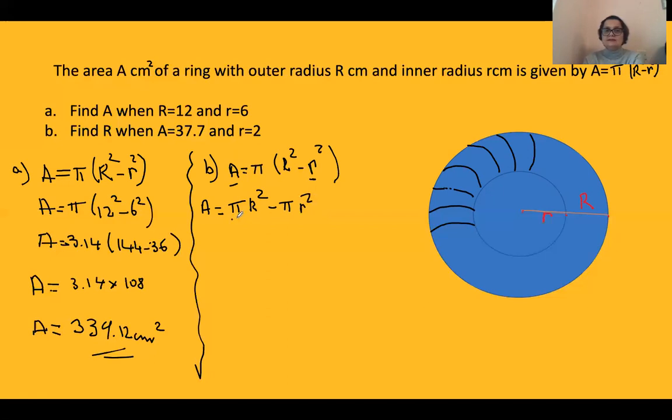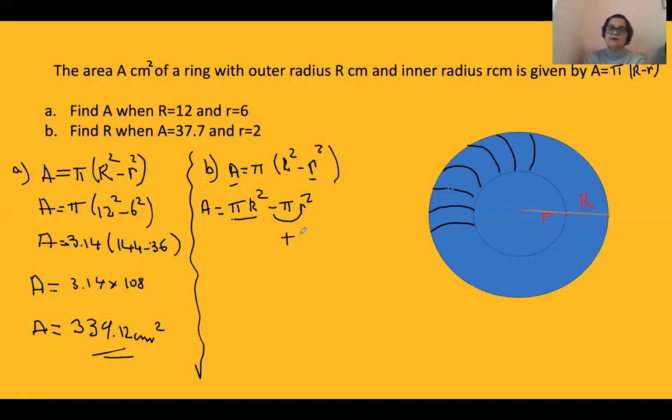Because we need big R on one side of the equation, and because the sign is plus, actually I'd like to keep R to the power of 2 on the right-hand side of the equation and get rid of this term, minus pi r to the power of 2, all of this. How do I get rid of minus pi r to the power of 2? By applying the opposite operation to both sides of the equation.